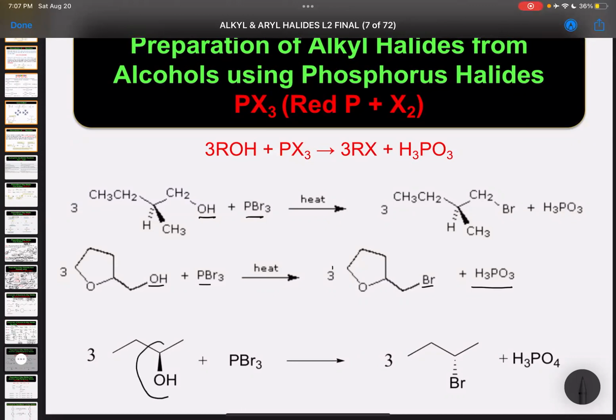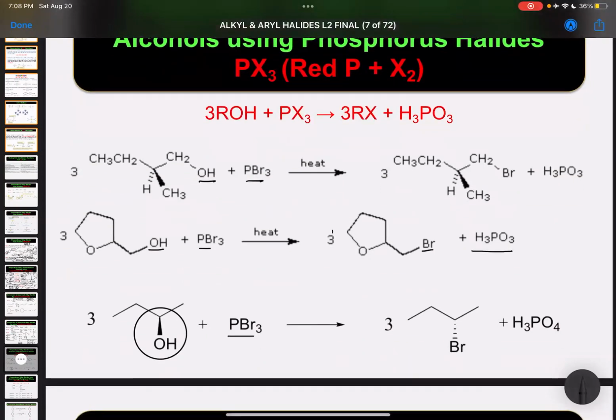So look here, I have shown you the inversion. The OH is coming up with a solid bond, which means it is coming out of the plane of the paper. When it reacts with PBr3, one Br comes out and attacks from behind. That's why this Br is represented by a dash, which means that Br is going into the plane of the paper. Is it clear?